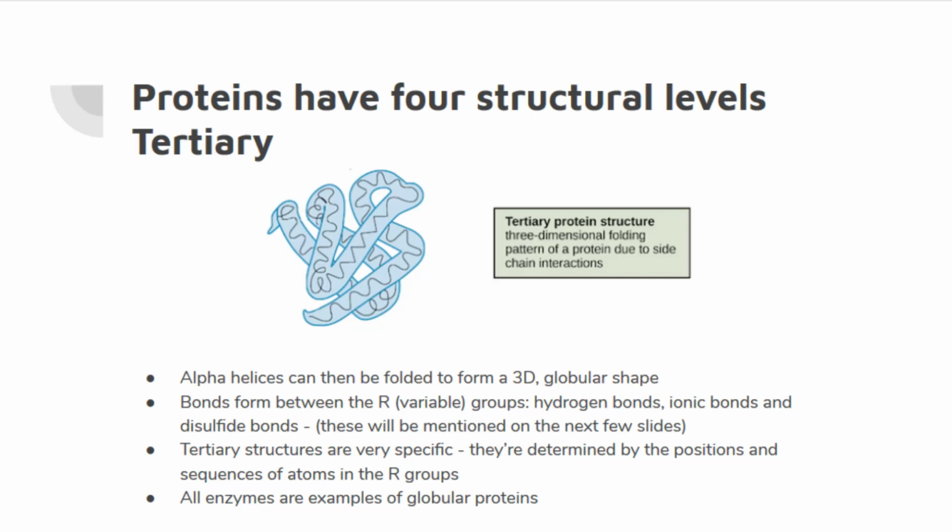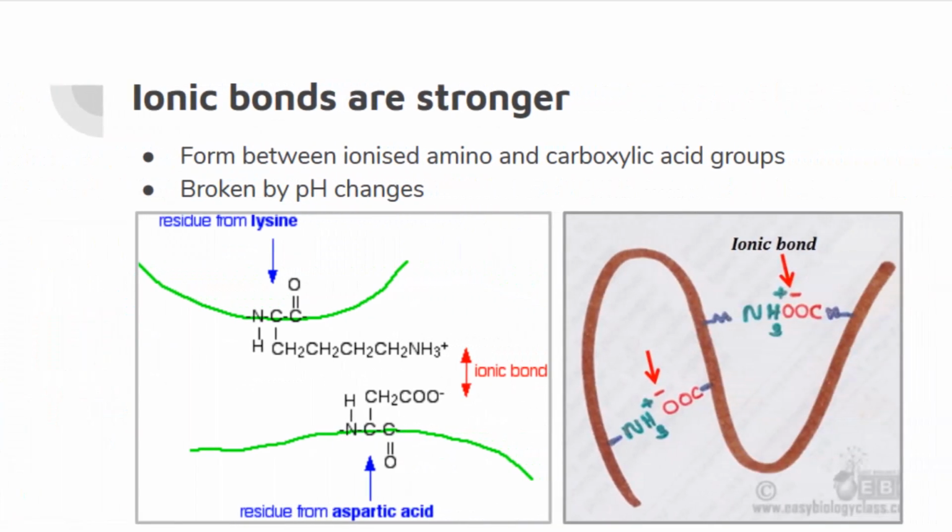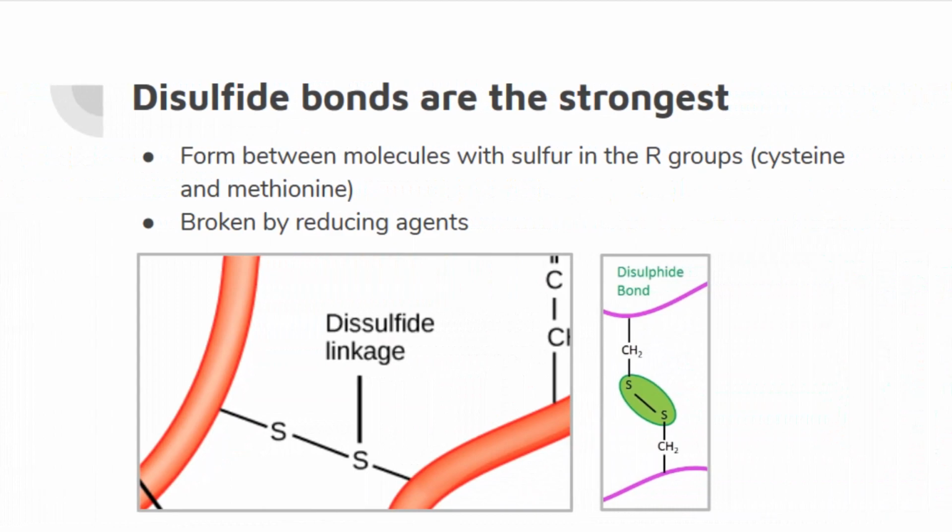There are three kinds of bonds involved: hydrogen bonds, which are weak, broken by heat and pH changes. Ionic bonds between R groups. These are broken by pH changes. Disulfide bonds. These are the strongest. They are broken by reducing agents.